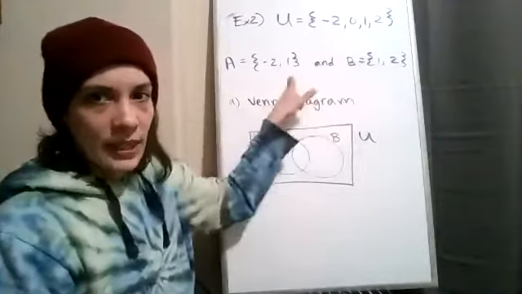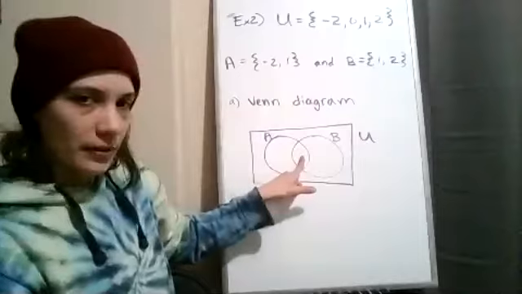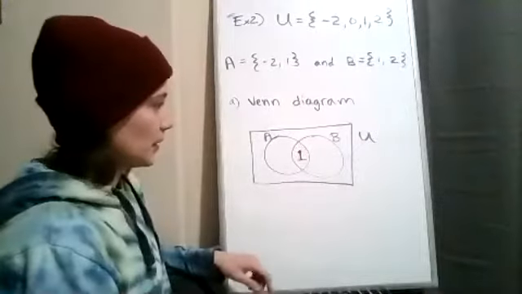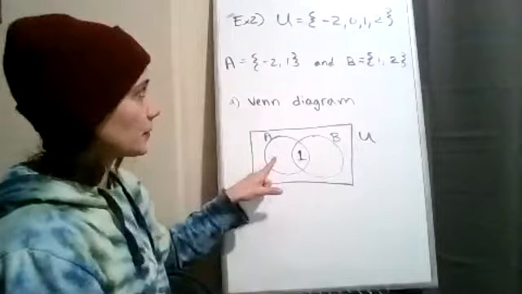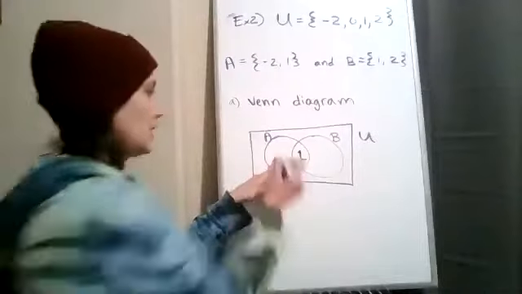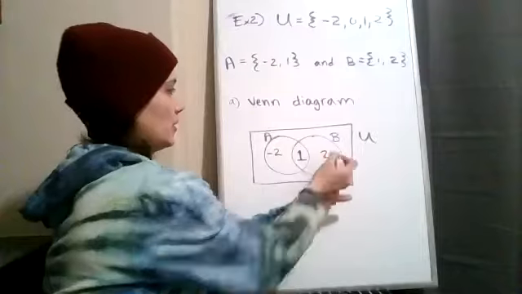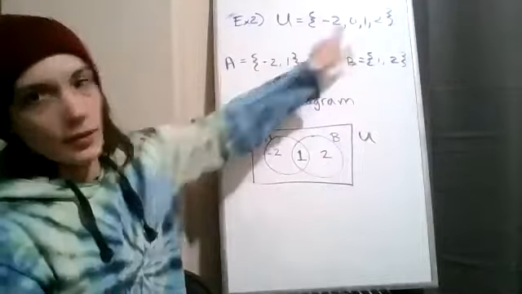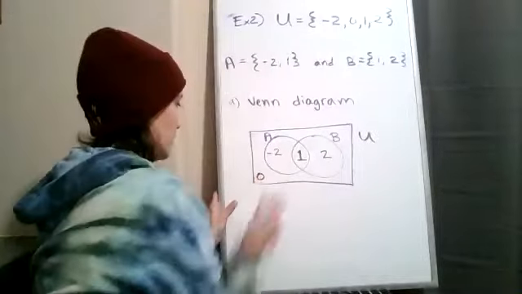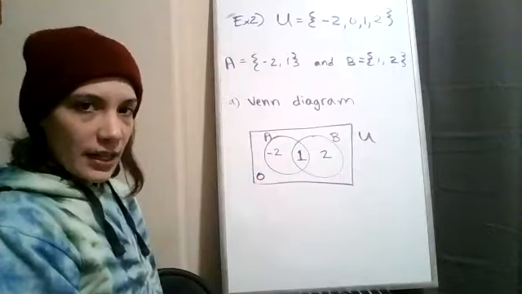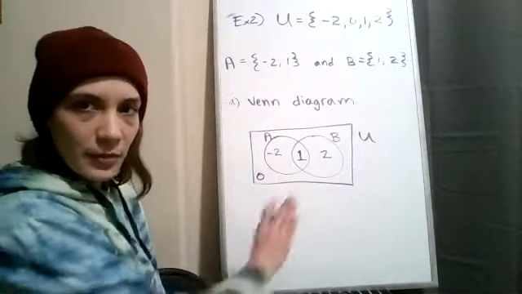So we're going to put 1 in the intersection, the overlapping part right here. -2 is in A, but not B. 2 is over here. And don't forget 0, so put 0. I think that's everything. So let's make sure I got all my elements. Yes.